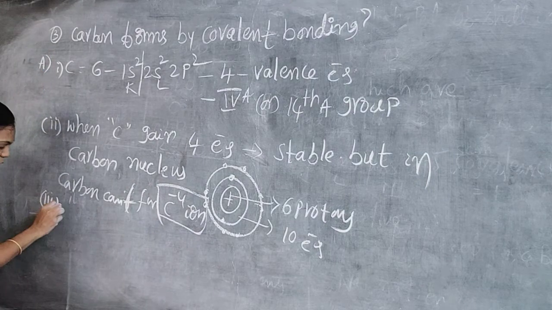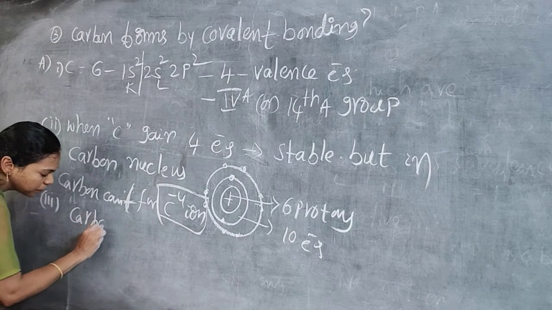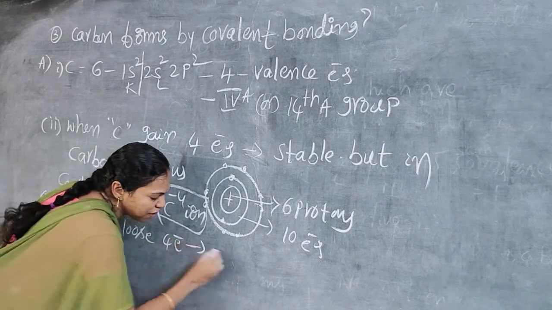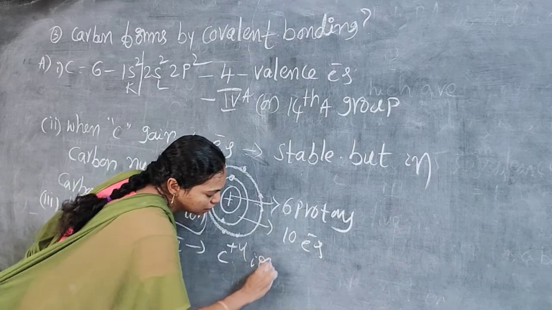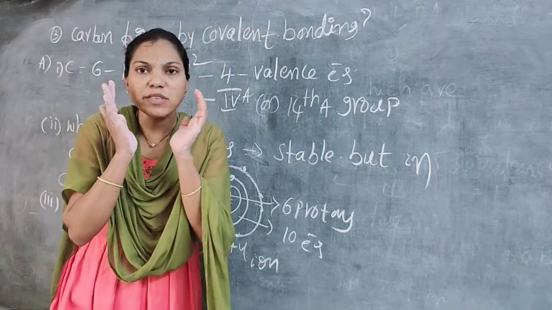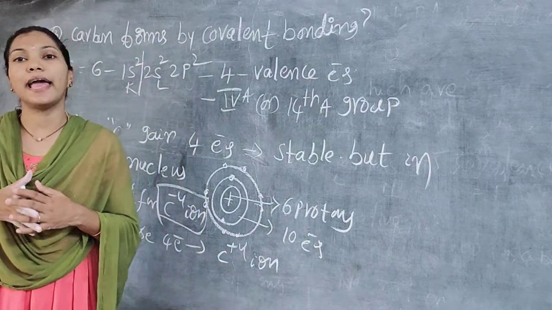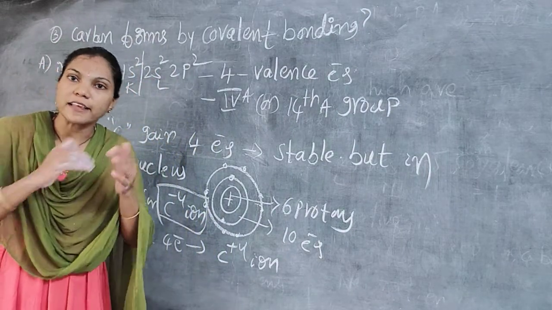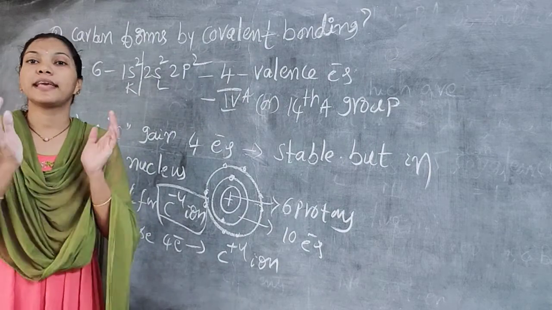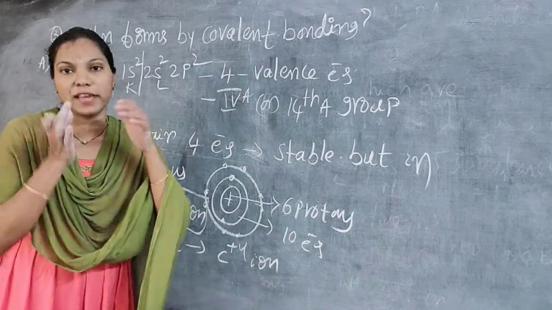Third point, when carbon loses 4 electrons, it forms which one? C plus 4 ion. Yes, when carbon loses or gains, a huge amount of energy is lost by the element. For any process, either losing or gaining of electrons, any element has to invest some amount of energy.